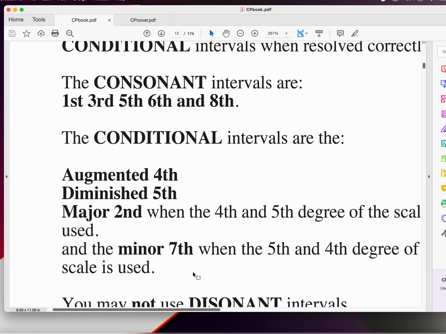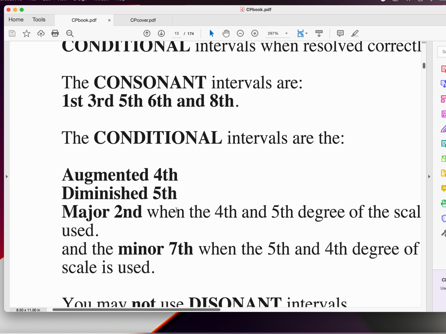For example, in the key of C, the fourth degree is the F, and the fifth degree of the scale is G. So when you have the G and the F together, or the F and the G, that's a major second. That's the only one you can use as a conditional interval, and then you need to resolve it accordingly. That's why it's called conditional, because it has a condition to be used.